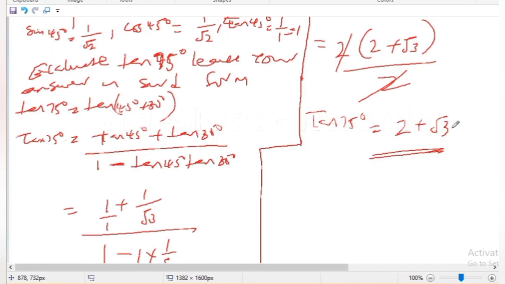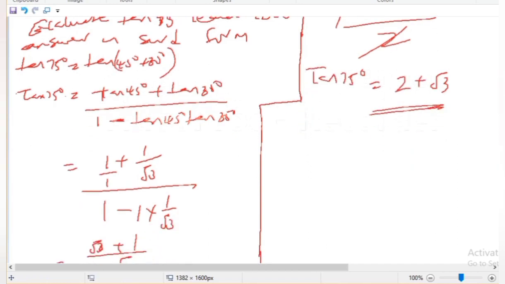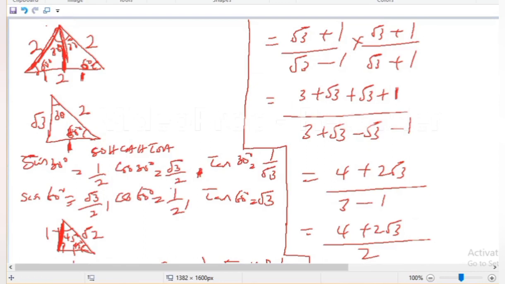Let's consider one example more before we stop.